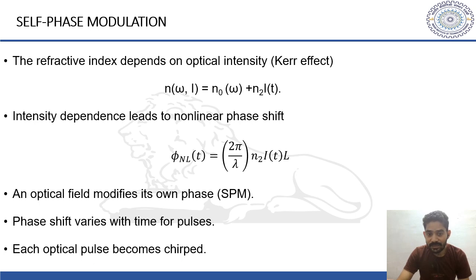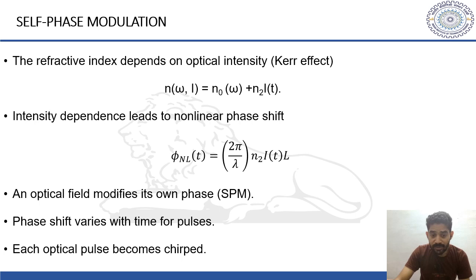Intensity dependence leads to a nonlinear phase shift. The introduction of new frequency depends only on the nonlinear phase shift. Omega is equal to del phi by del t. That introduces new frequencies by varying the length and varying intensities.